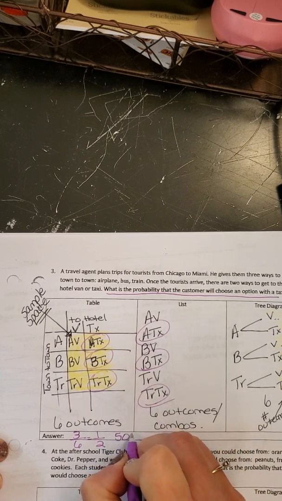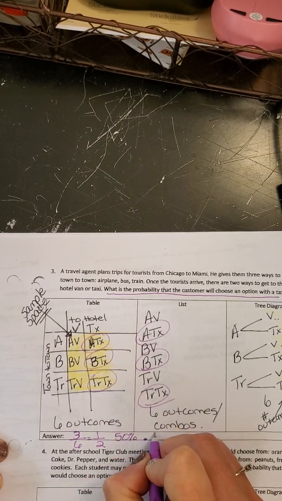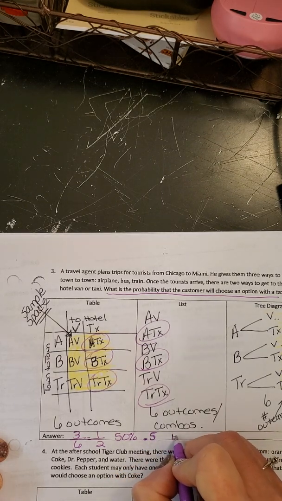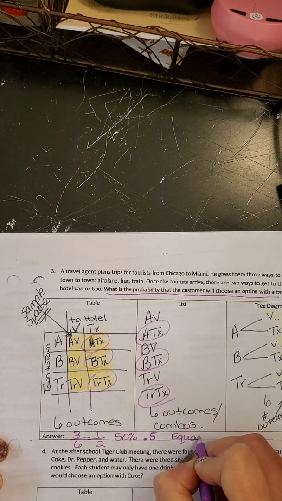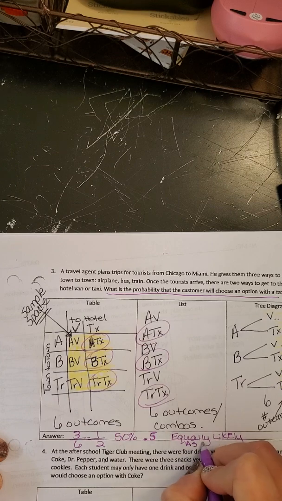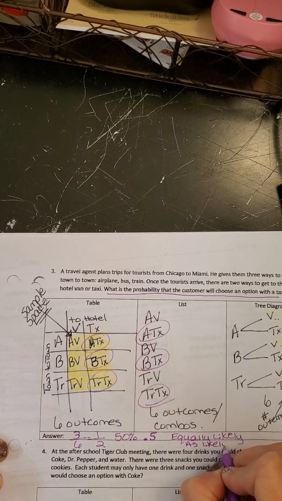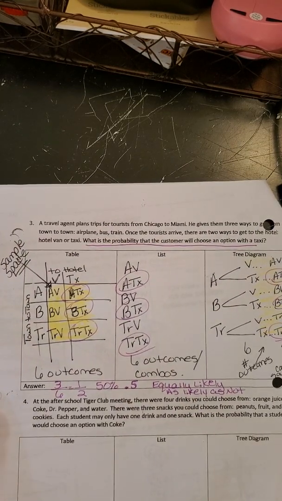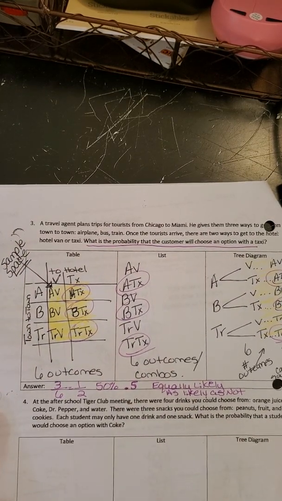That's 50%. 0.5 as a decimal. That's equally likely as not. Put all that in there just so we know all the different ways that we can express that.